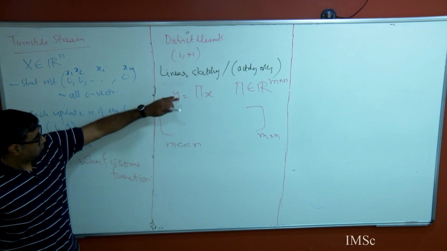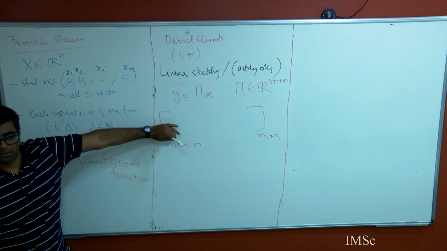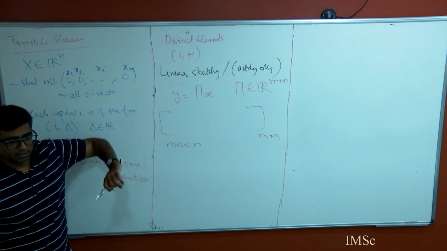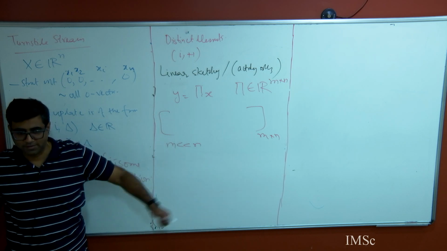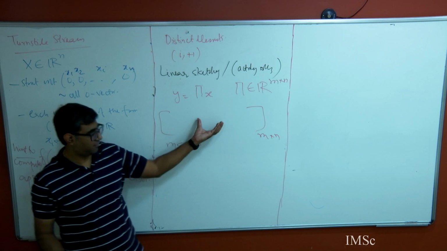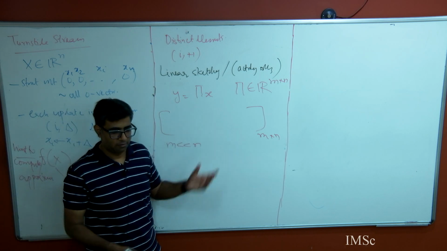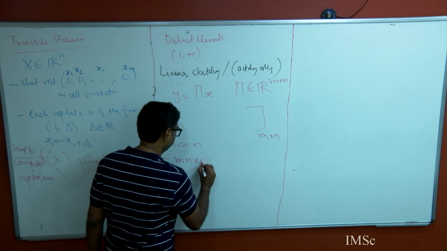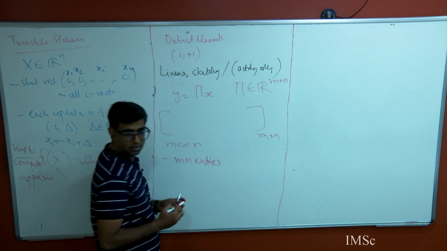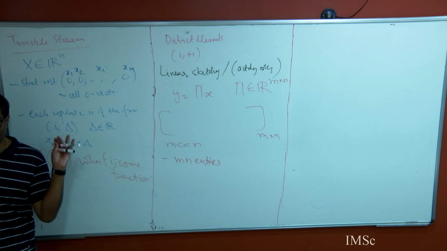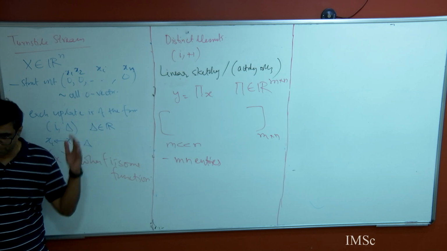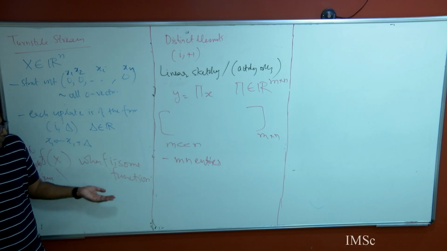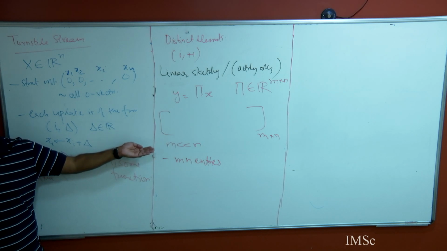But it should worry you: if we have n bits of space, and we store this matrix Pi, which has mn entries, then it is definitely going to take more than n bits.